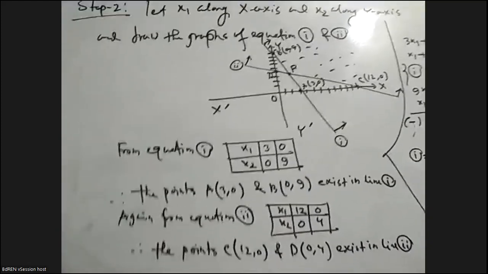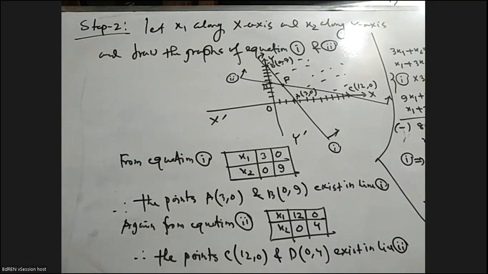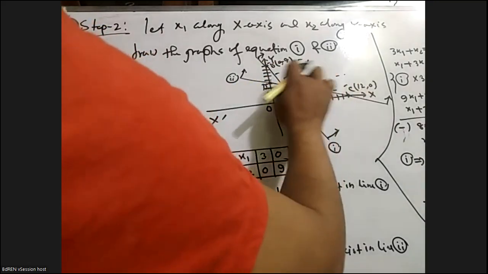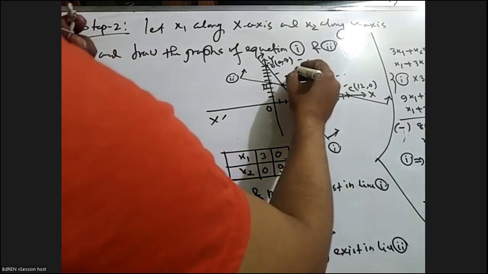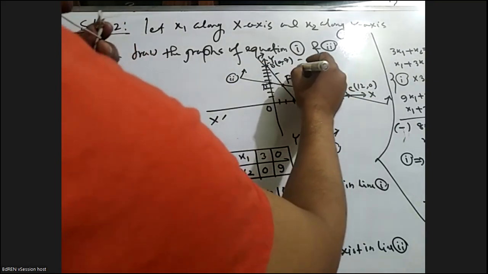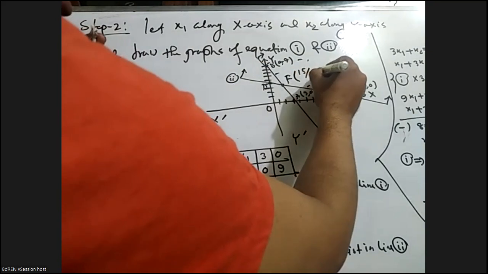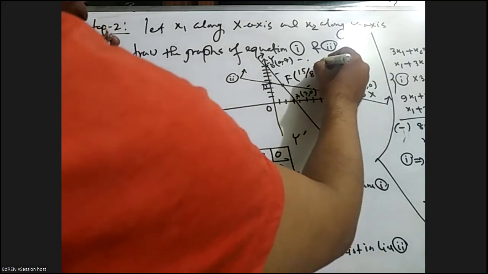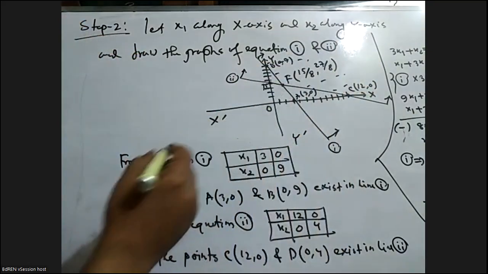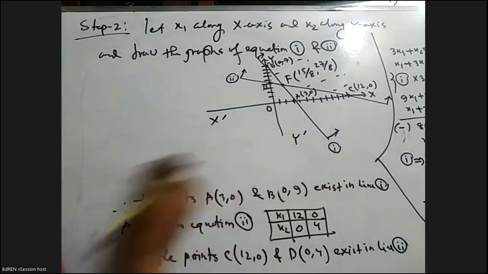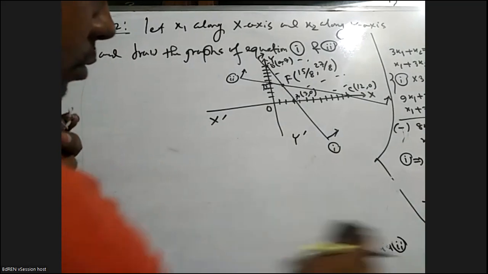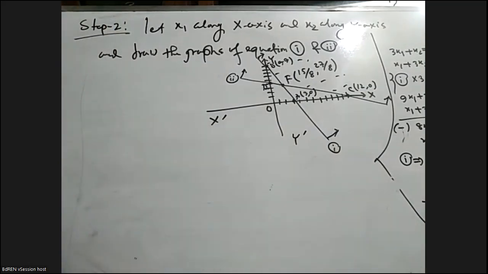So the solution we get is x1 equals 15 by 8 and x2 equals 27 by 8. So the intersection point F is (15 by 8, 27 by 8).